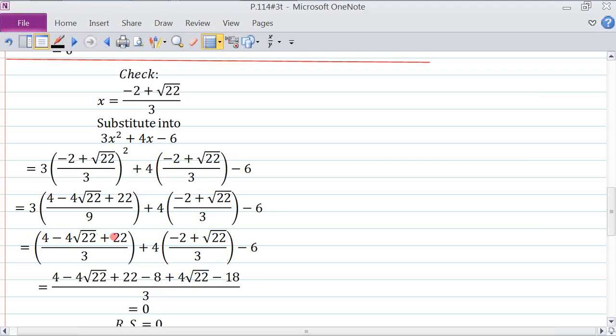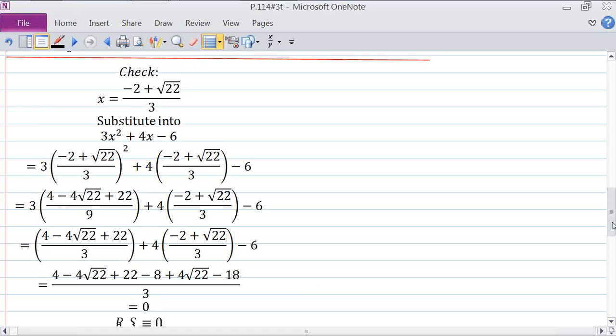So these 3 terms here become these 3 terms here. And now 4 times minus 2 is minus 8. And plus 4 times root 22 is plus 4 root 22. Minus, and this is 18 because this is 6 over 1, so I can multiply the top and bottom by 3 to get 18 over 3. 18 over 3 gives you the 6, and the minus, of course, is right here. So all we're doing there is getting the common denominator.